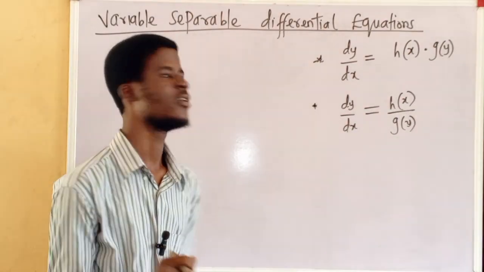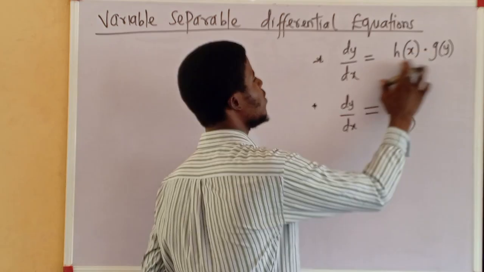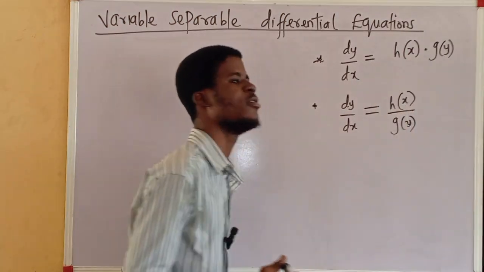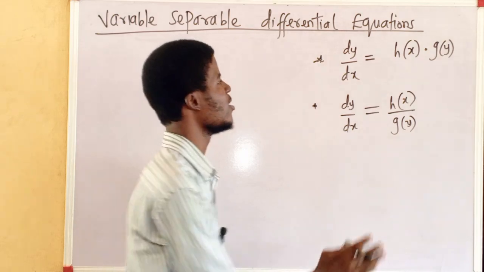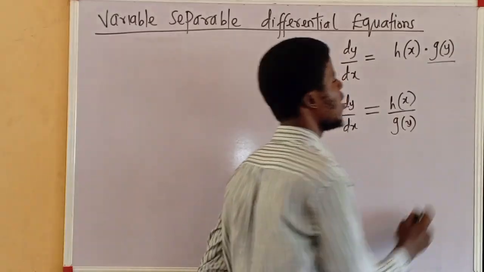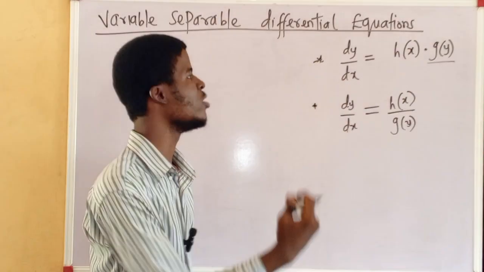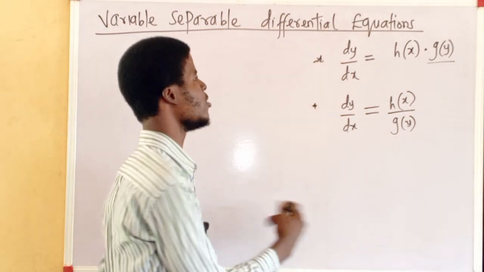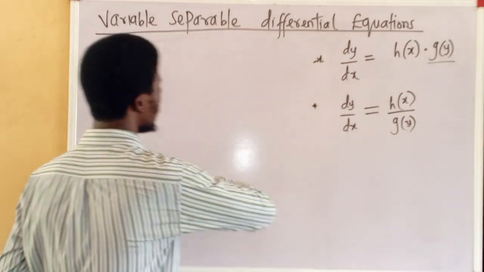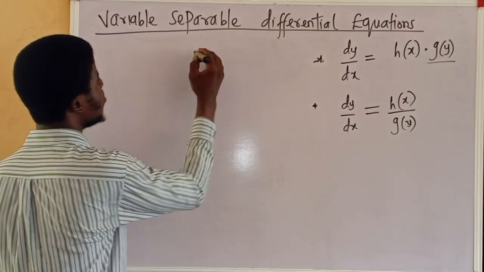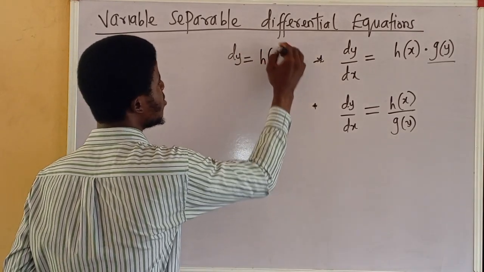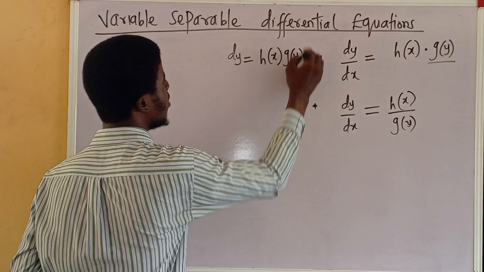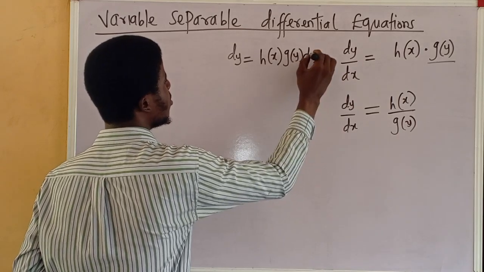The idea is that the function involving x can be taken to one side with dx, and the function involving y can be taken to the other side with dy. Let us see. From this first equation, we can cross multiply to obtain dy equal to h of x times g of y times dx.